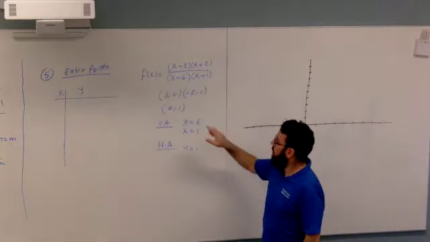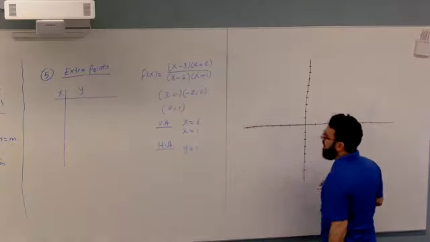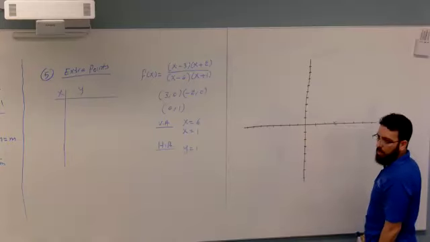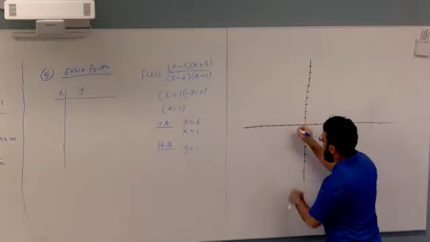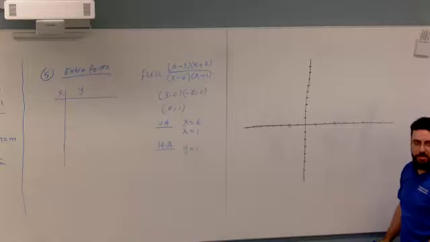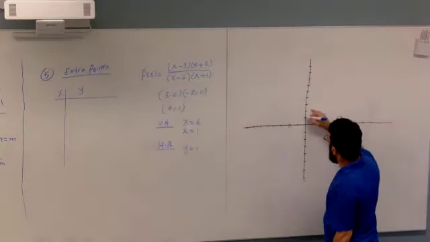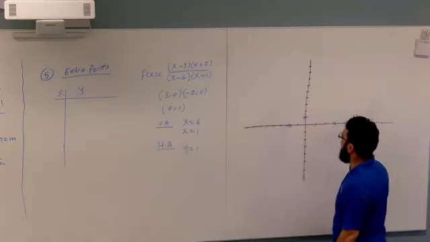Always I'm gonna start putting the points, which is x-intercept 3, 0, 1, 2, 3, and negative 2, 0. These are the x-intercepts, okay? Y-intercept 0 and 1. So here's the point I have.